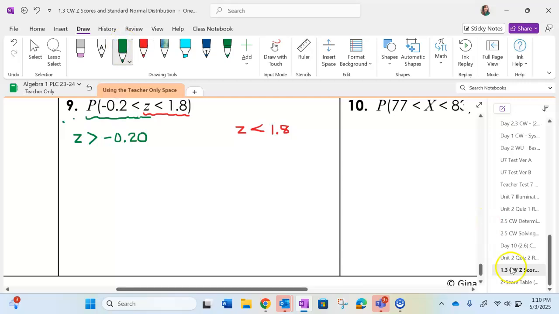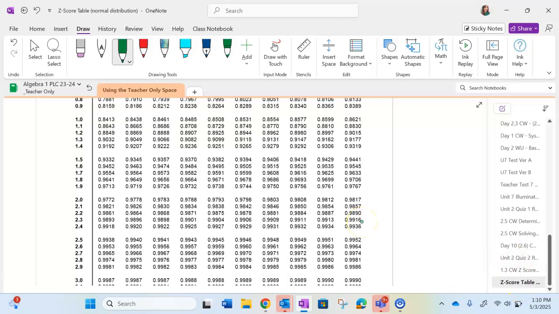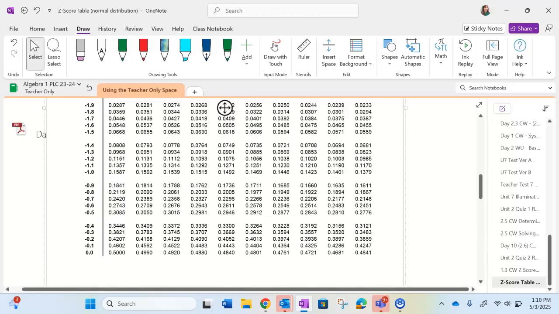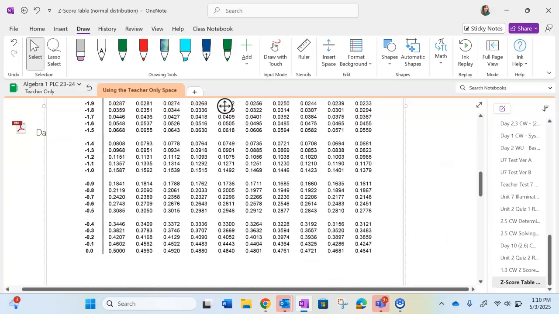I'm going to go into my table and find negative 0.2. So let me switch over and find our negatives. Negative 0.2.